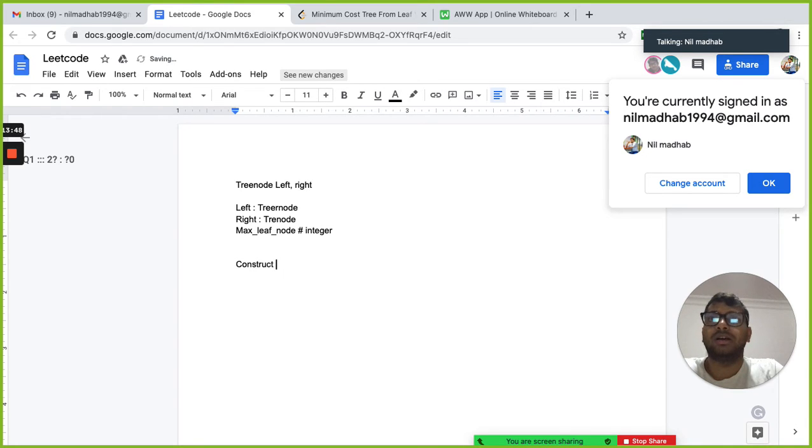Given left and right tree nodes, generate the parent tree node, so the maximum leaf node will be the maximum of left and right.